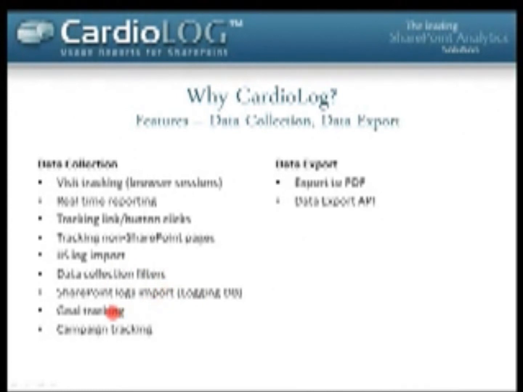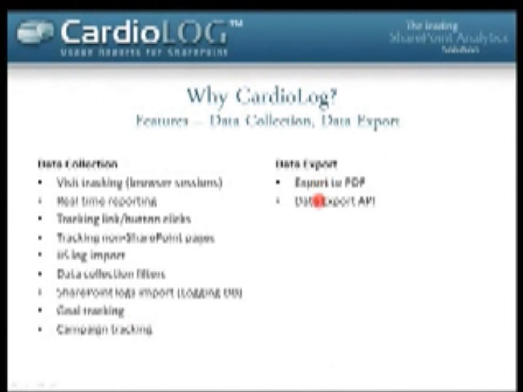Goal tracking and campaign tracking. Goal tracking I'll speak about in a moment. Campaign tracking is the ability to follow the clicks of different links into the portal from external sources. Export to PDF is a new feature for CardioLog which is missing from SharePoint.